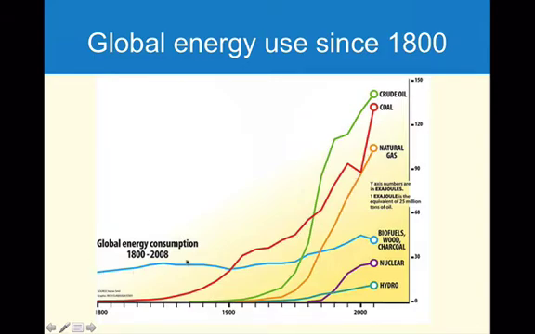The blue line, biofuels, wood, and charcoal, stayed pretty stable over this time period, but coal really took off in the Industrial Revolution, and it wasn't really until 1900 or so that crude oil and natural gas took off as viable energy sources.